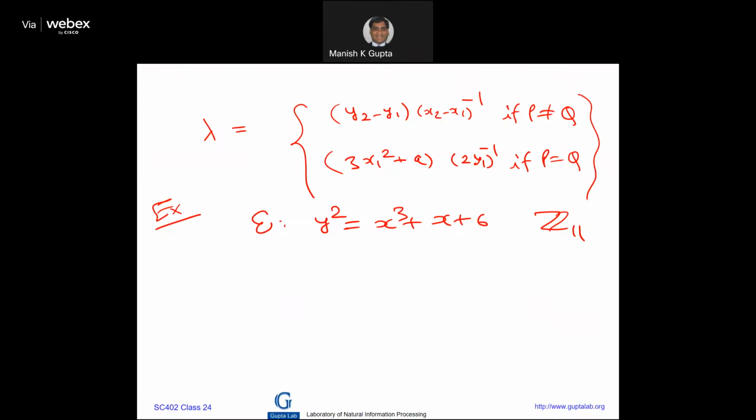So essentially, suppose I vary x over Z11. We'll get different y square, right? So y square is equal to that fixed number, x cube plus x plus 6 modulo 11, we will be getting some number.